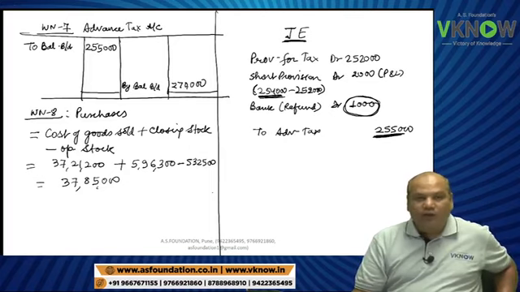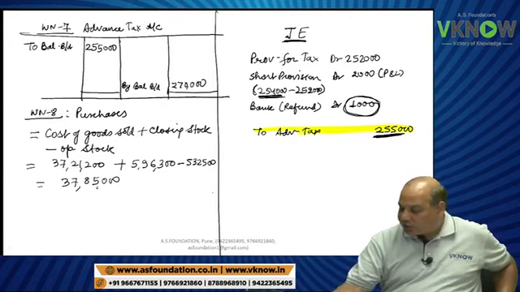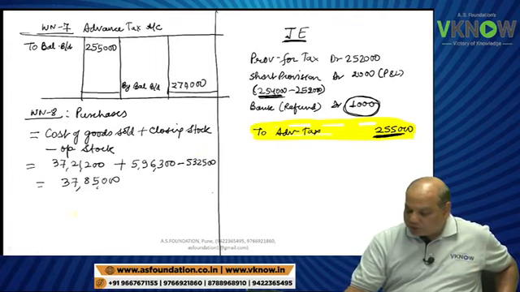Now give the effect in the ledger. On the screen, advance tax credit 2,55,000.